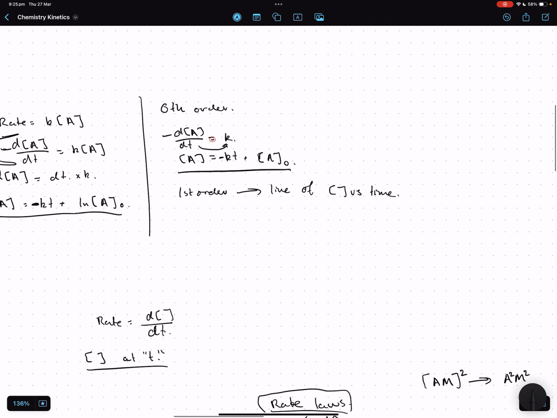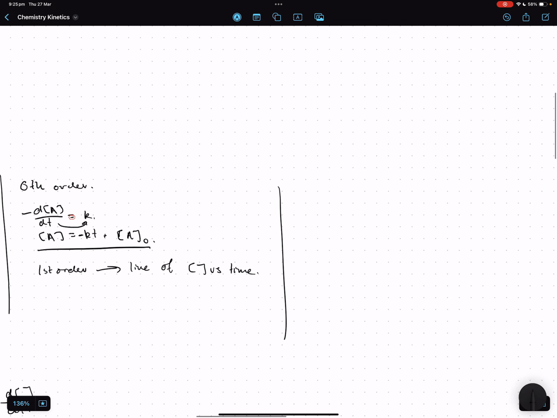Cool. And then there's second order. Let's just do the integrated rate, because it's kind of annoying to do the equation which leads to this.